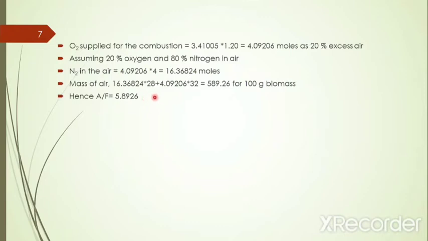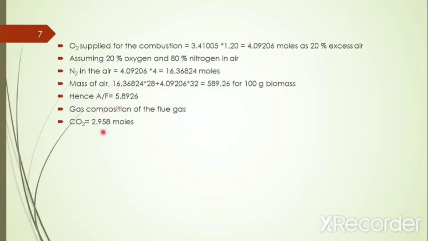And now we have to determine the flue gas composition. Already we have found the moles of the different elements, but we have to convert them into percentages, because gas will be measured as percentage by volume by gas chromatography and analyzers. So what will be the composition of the flue gas?